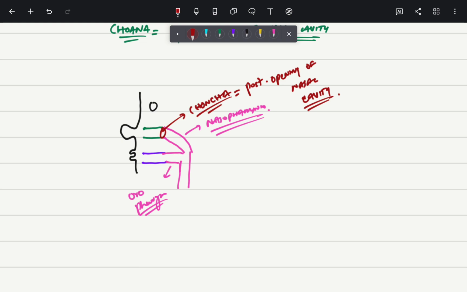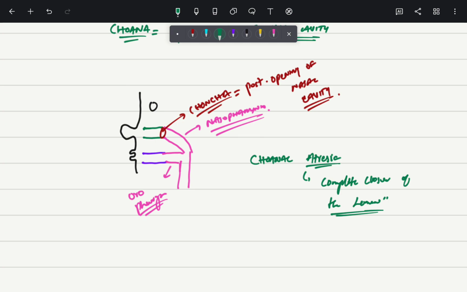Okay, now what is happening in choanal atresia? Choanal atresia means narrowing of the passage or complete closure. Stenosis is narrowing, atresia means complete closure of the lumen.